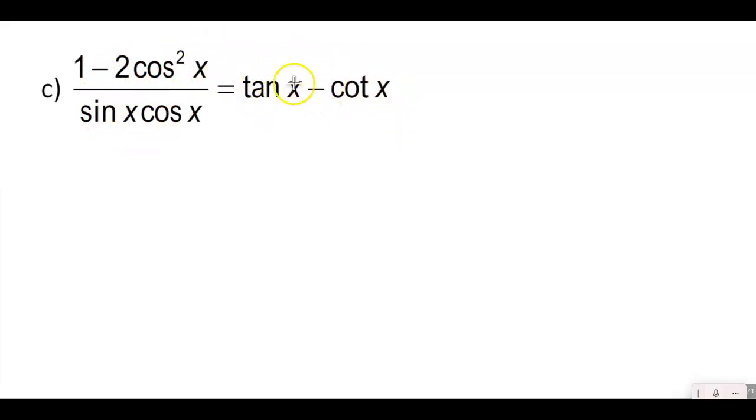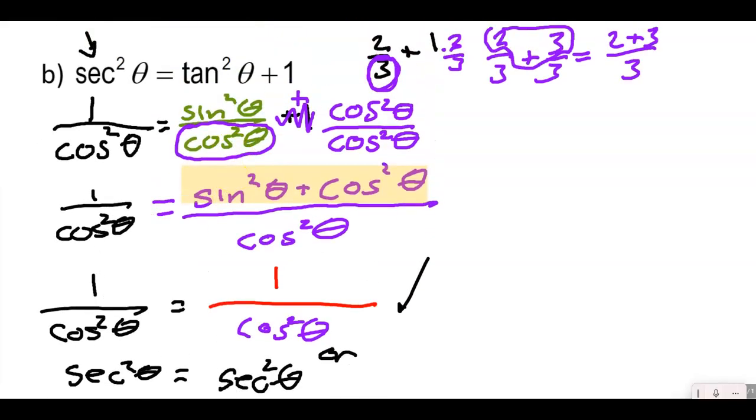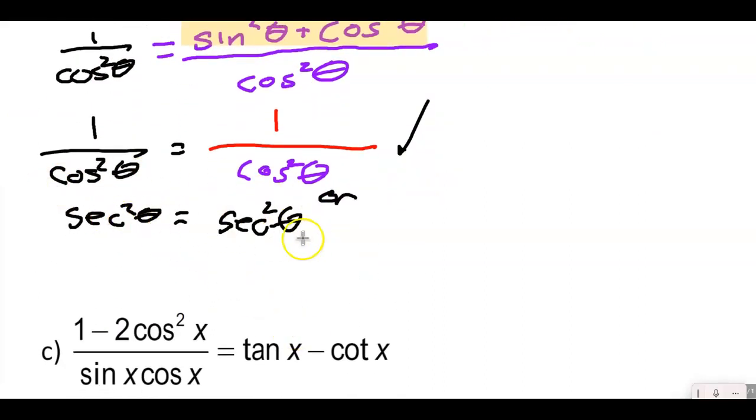Or can I simplify the right-hand side and maybe get it equal to the left-hand side? So the whole problem I leave the left-hand side alone and try to just see what this equals. Or do I have to work with both sides, kind of like I did in the last one, where I changed the left side a little bit, did more work on the right side, and they came out to be the same thing.